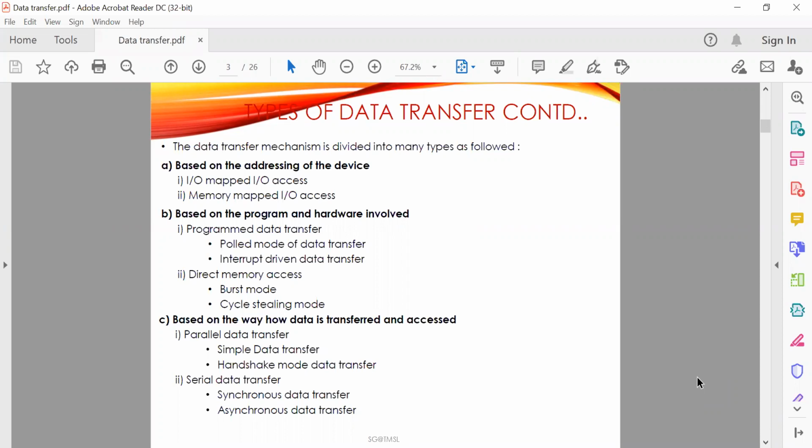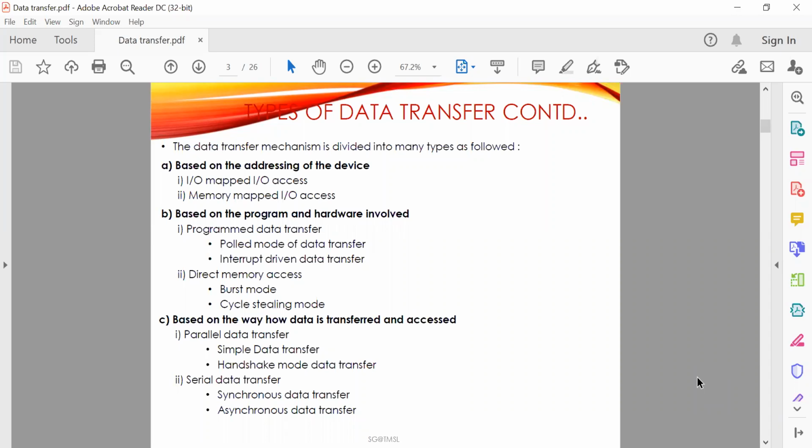The processor then executes the data transfer instruction, and if the input device is not ready, the processor waits until the device is ready with data. Similarly, data is written into an output device by the processor when it executes the write instructions corresponding to the output device.